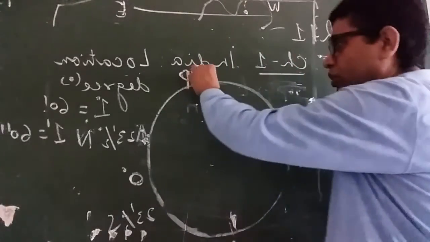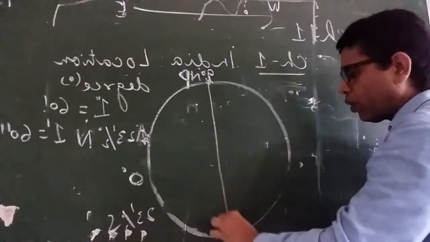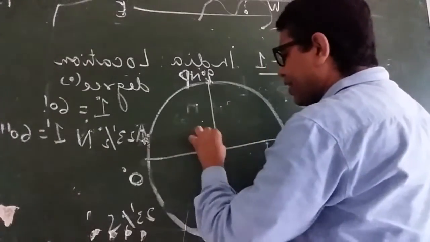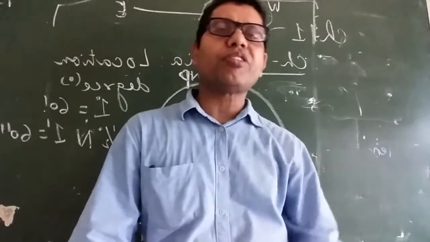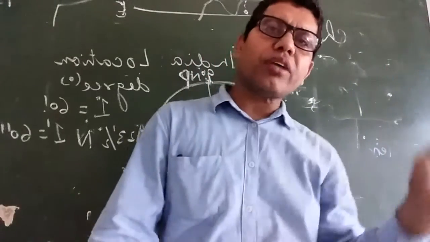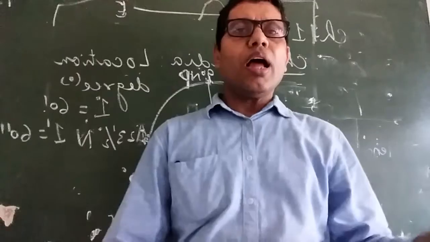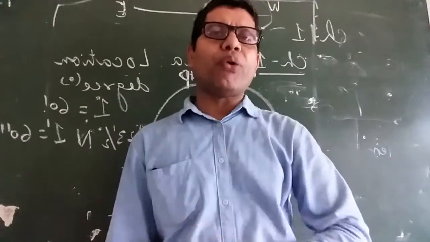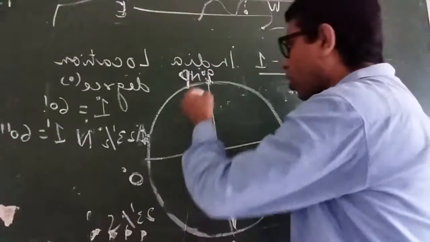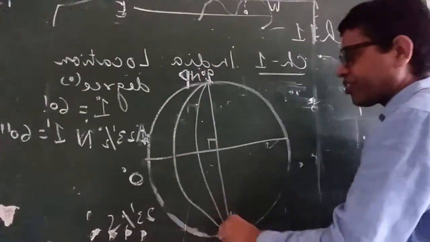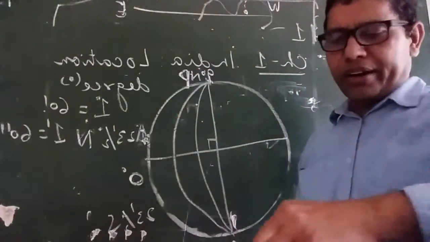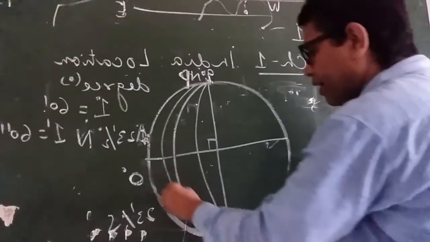If we join the North Pole and South Pole, subtending a right angle at the equator, it forms a semicircle. At the variation of 1 degree, we can draw such 360 lines, 360 lines like that.